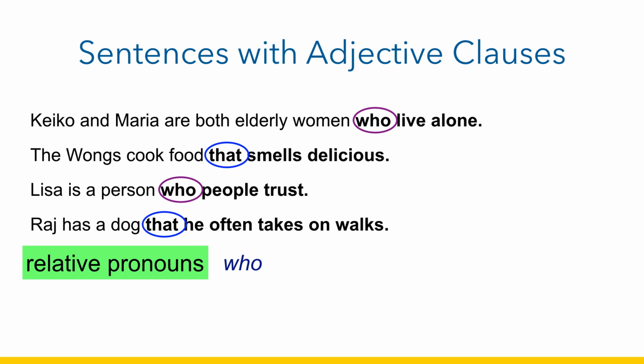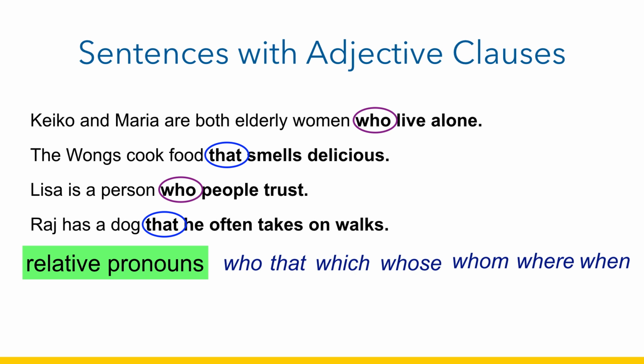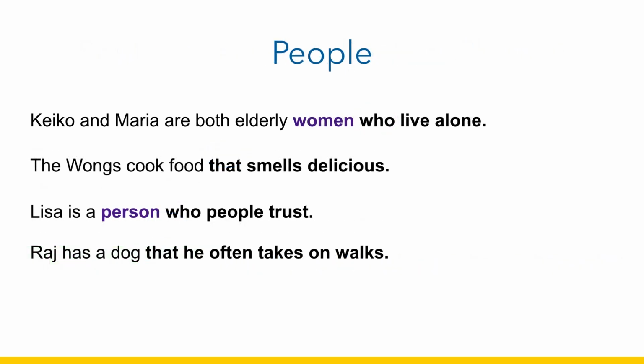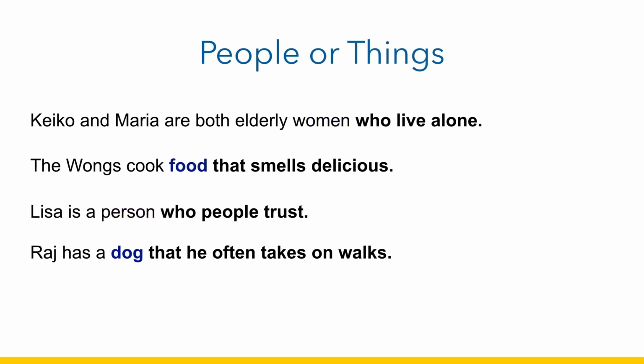Very often, we begin an adjective clause with who or that, but it's also possible to start an adjective clause with which, whose, whom, where, or when. You'll learn more about these words and how to use them in adjective clauses in future lessons. Also, notice that an adjective clause can describe a person because people are nouns, or an adjective clause could describe a thing because things are also nouns.